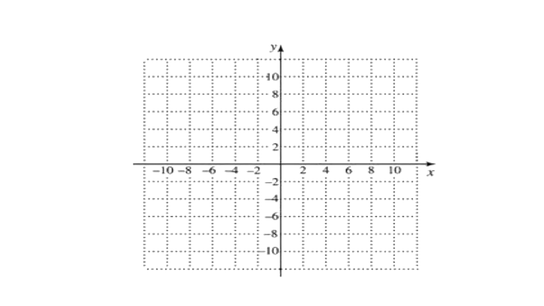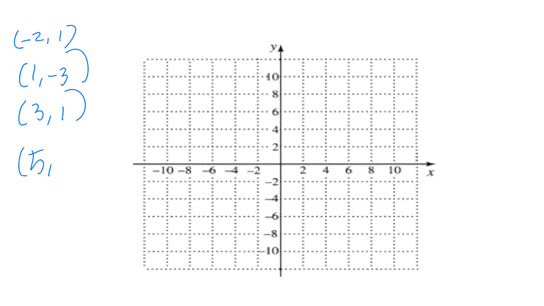So all my points I have -2, 1, 1, -3, 3, 1, 5, 9, 7, 1.